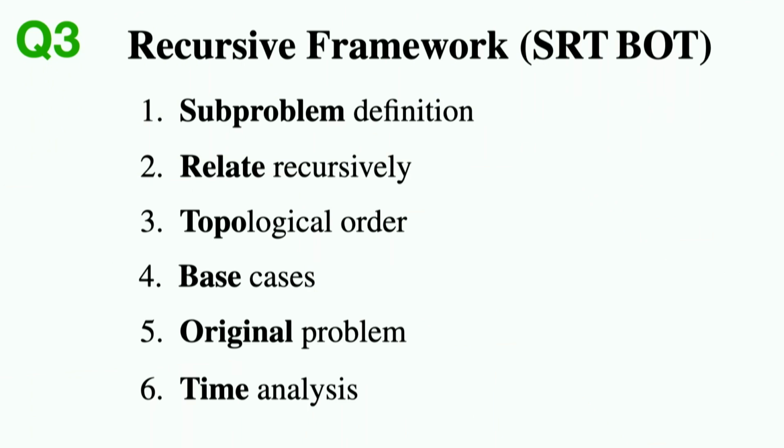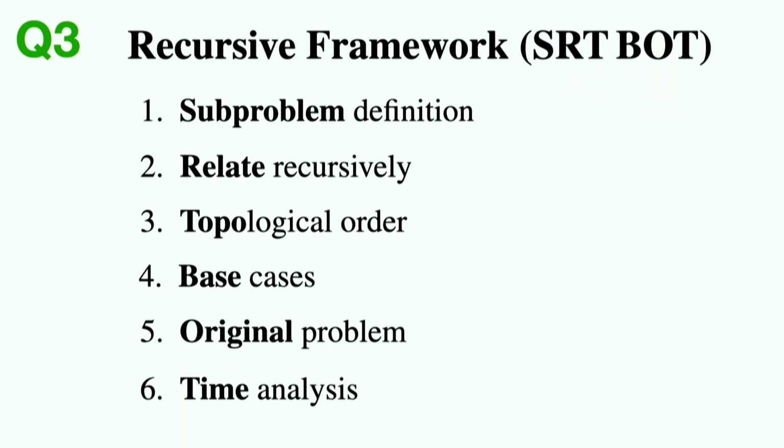You can actually think of the quiz 3 material as really an application of the graph material, right? What are we doing in SRTBOT? We're defining a set of subproblems. This is a set of vertices in a graph. What is the relationship doing?